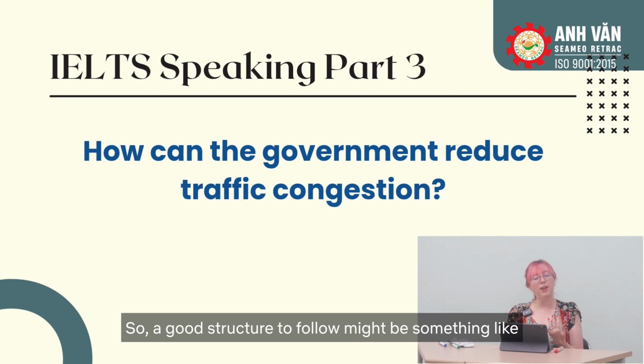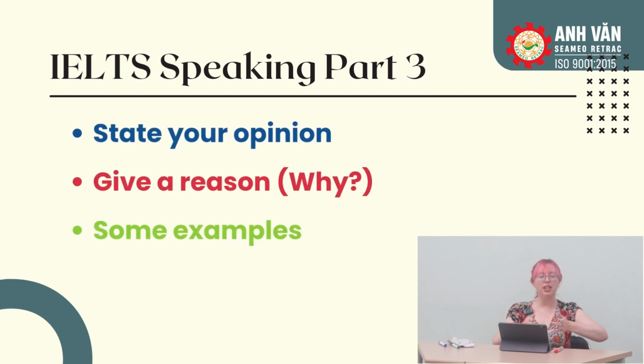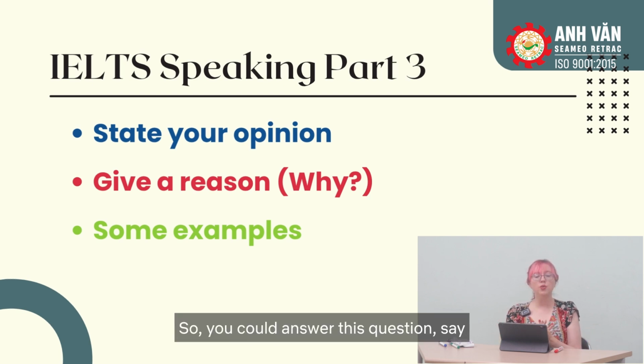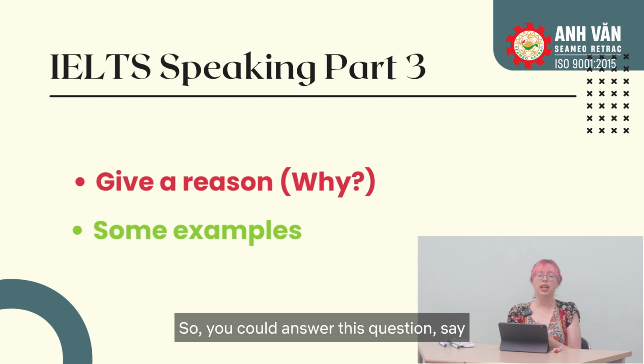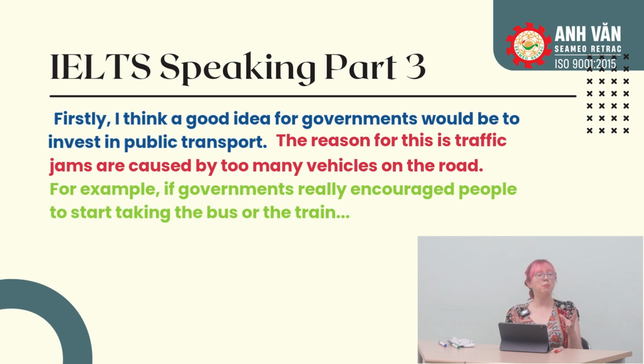So a good structure to follow might be something like state your opinion, give a reason why, and some examples. So you could answer this question, say, firstly, I think a good idea for governments would be to invest in public transport. Now, the reason for this is traffic jams are caused by too many vehicles on the road.